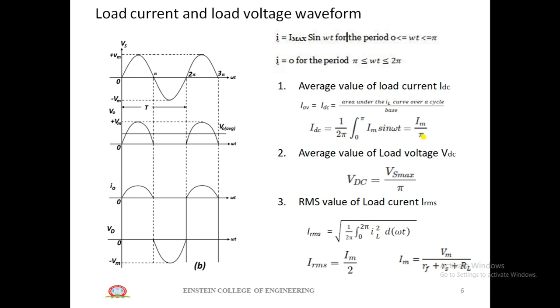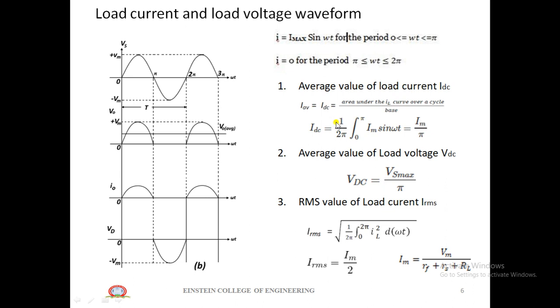Next term is the RMS value of the load current. The definition of RMS value is the square root of the ratio of the area under the squared curve divided by the base time period.